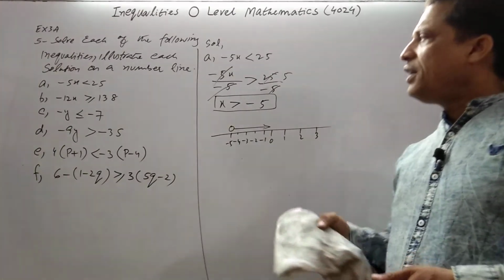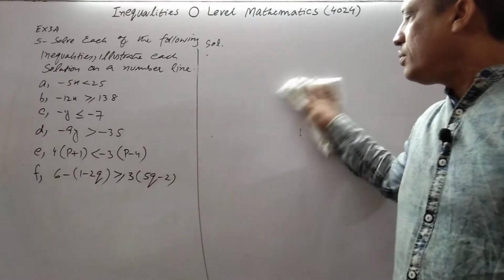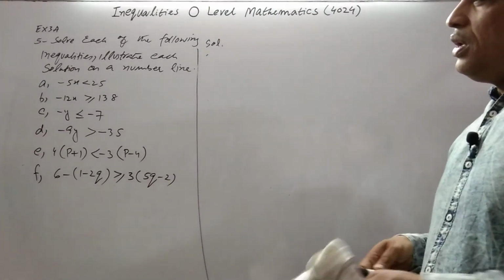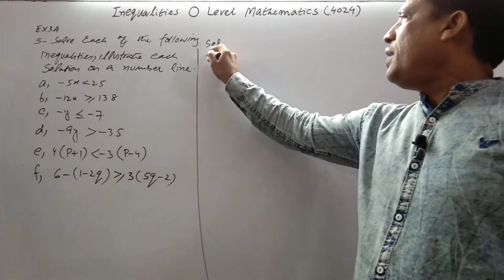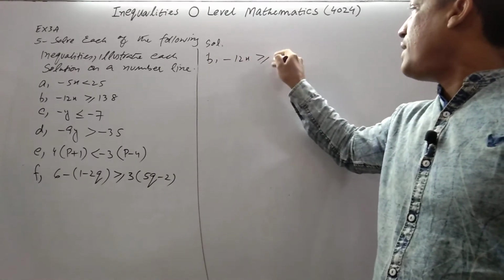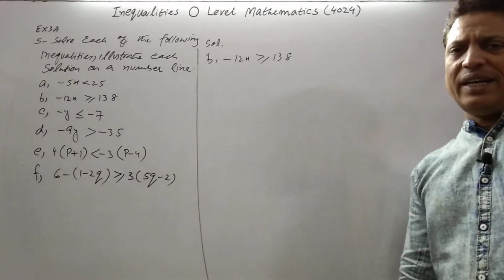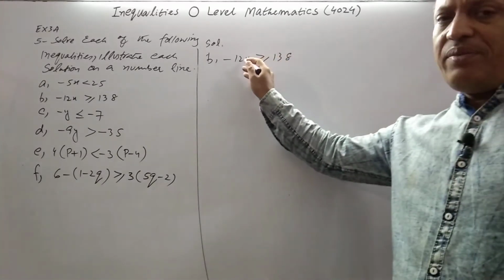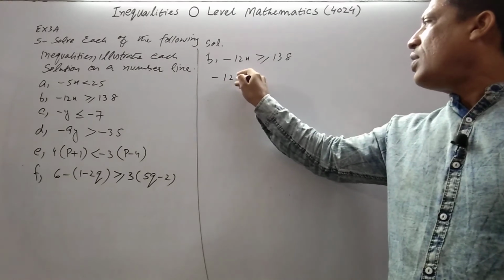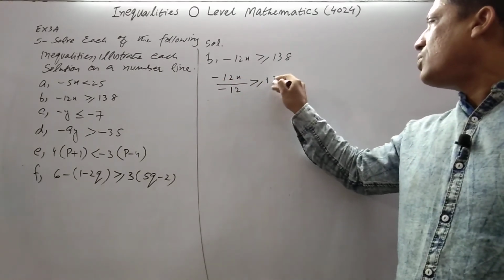Come to part B. What is part B? Minus 12x greater than or equal to 138. Again, we need to divide by a negative number. So minus 12x, divide both sides by minus 12.